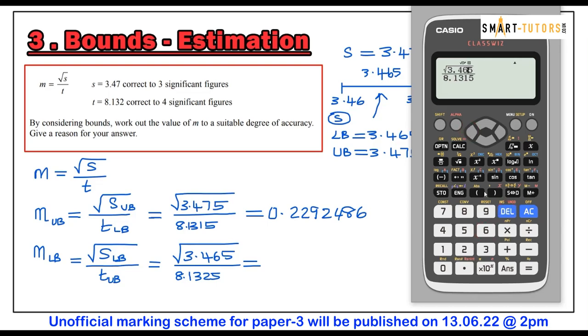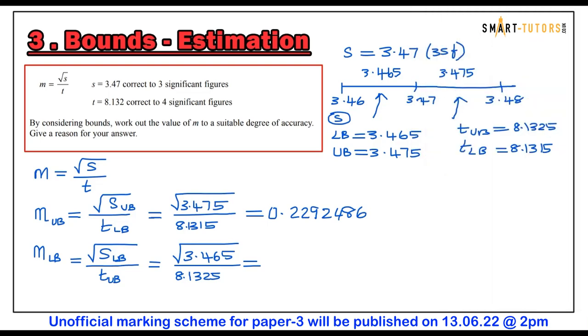So delete 65 and come back and delete and 25. This is how to do it quickly. So the answer is 0.22889. So copy that one, 0.2288903.